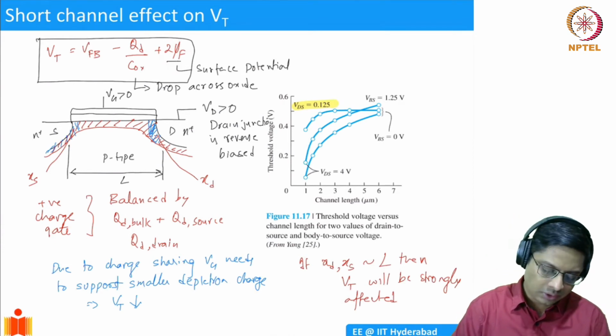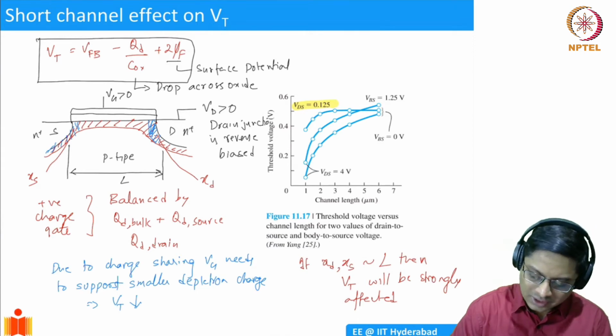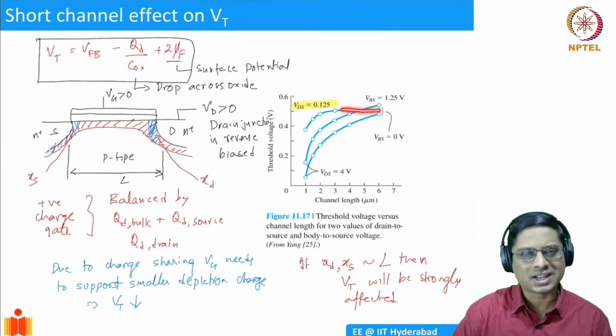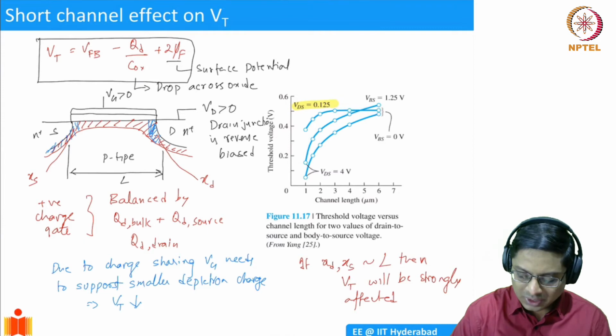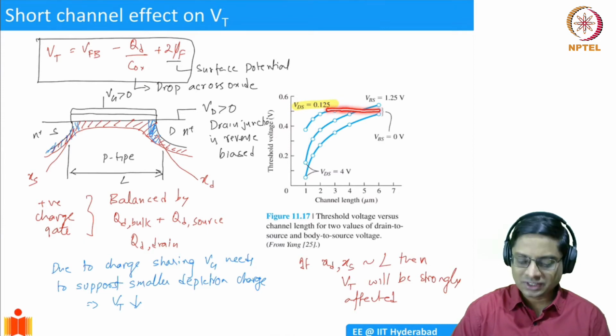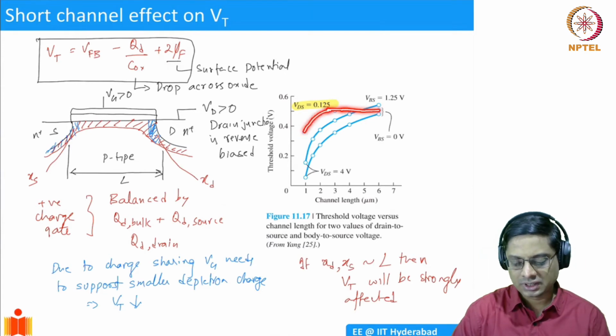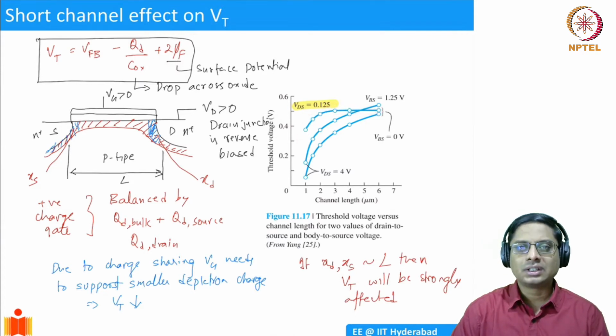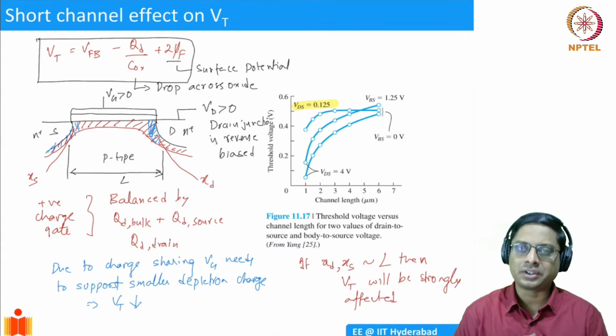Initially when the channel length is long, nothing much happens if you reduce it. But once you hit the short channel regime, when your depletion width at the source and the drain junctions is comparable to the channel length, then the VT starts reducing. And this is the trend you see. As you go to smaller and smaller channel length, the VT is reducing because the gate is supporting a lesser amount of depletion charge.